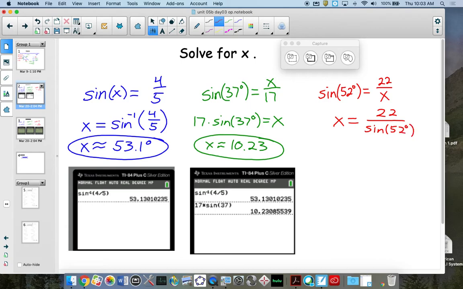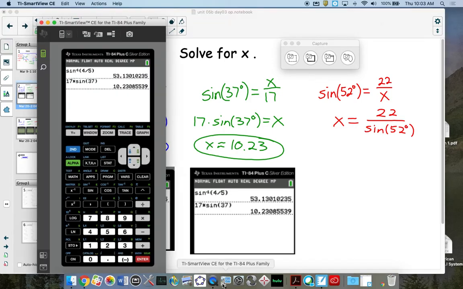It's really important that you understand the algebra behind this. So if you don't, kind of walk through that step by step if you need to. So I'm just going to grab the calculator and punch that in, and I'll have my answer. So we're going to have, I should have cleared that, 22 divided by sine of 52. There we go.